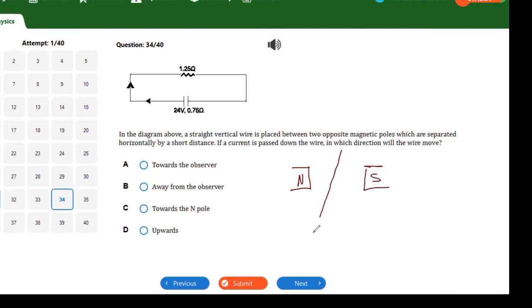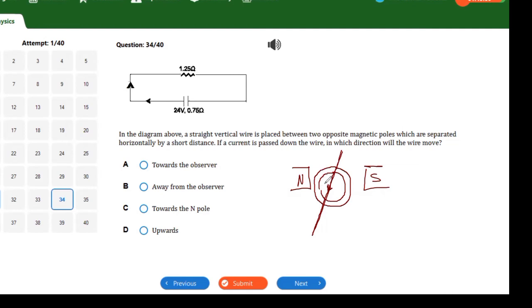Then there's a wire, right, in between these magnetic poles, and the current is passed down, right? So if the current is passed down, they are going to have what? A kind of magnetic field generated. Remember that when current passes through a conductor, there exists a kind of magnetic field around the conductor.